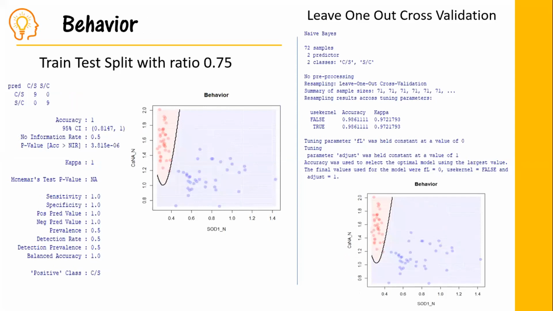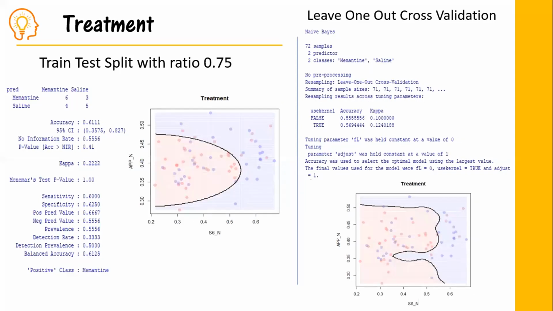So next slide, maybe they project it into another space. So okay, use kernel equals true. What kernel function is used? It states that it is the kernel density estimation. Kernel density estimator. Okay. If false, it is the normal density estimation.